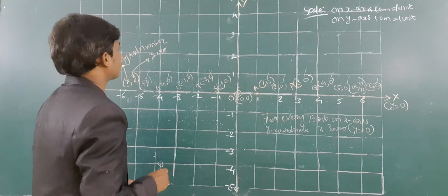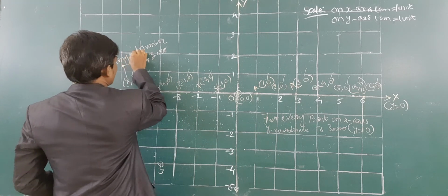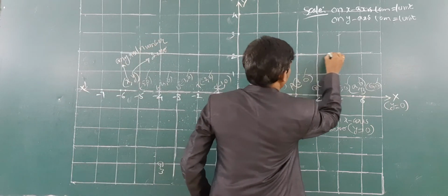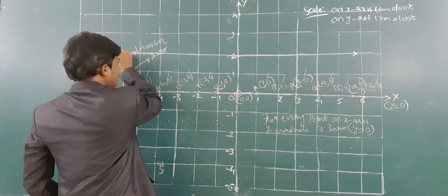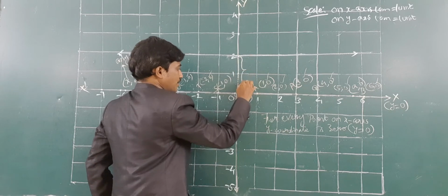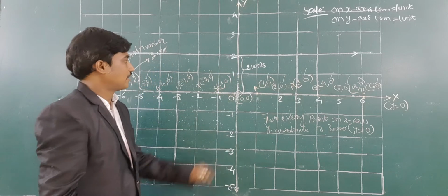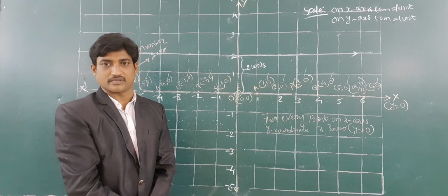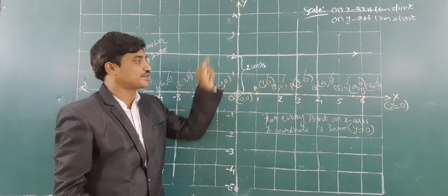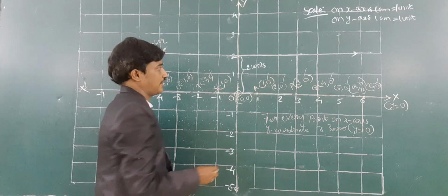Here I am observing a line which is parallel to the x-axis and at a distance of 2 units from the x-axis. This line is parallel to the x-axis, at a distance of 2 units from the x-axis. Let us take some points on this line.